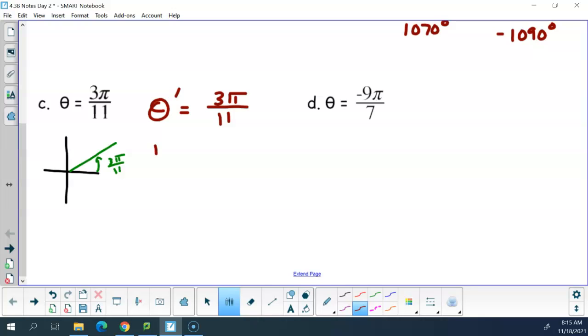Positive coterminal: 25 pi over 11, 47 pi over 11, 69 pi over 11.